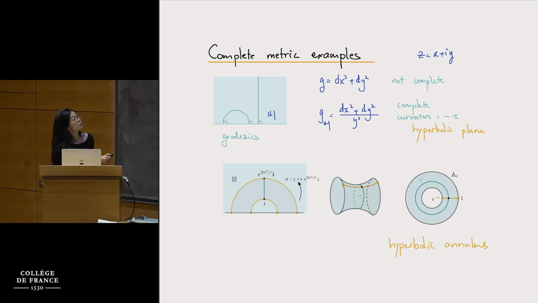I really need to say this again: this is a hyperbolic annulus. If you draw this in the complex plane, you can draw it, but you really need to think about this boundary. These two black circles are infinitely far from the surface. That's why it's a complete hyperbolic annulus. There's only one conformal invariant of this annulus, called the modulus, or if you draw it in the complex plane, one radius is 1, and the other radius is exponential minus r.